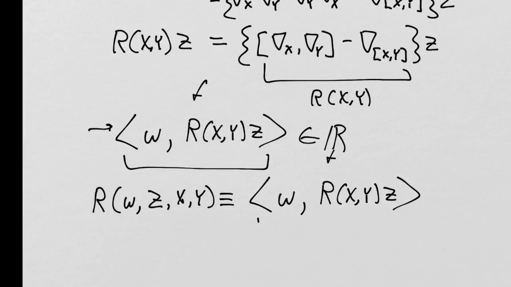It takes a covector and three vectors, z, x, and y, and it produces the real number where you use the curvature mapping on x, y, and z, and you run it through whatever the covector is using the dual space mapping process, and this is always going to be a real number. And so this guy here is now a 1, 3 tensor. And we have just defined the 1, 3 tensor in coordinate-free notation. Specifically, we can actually write it down in great detail.